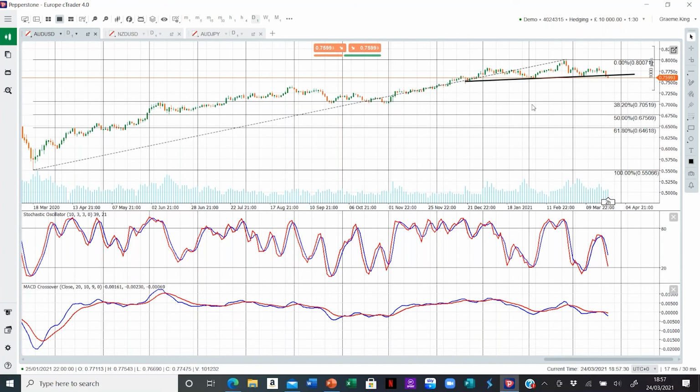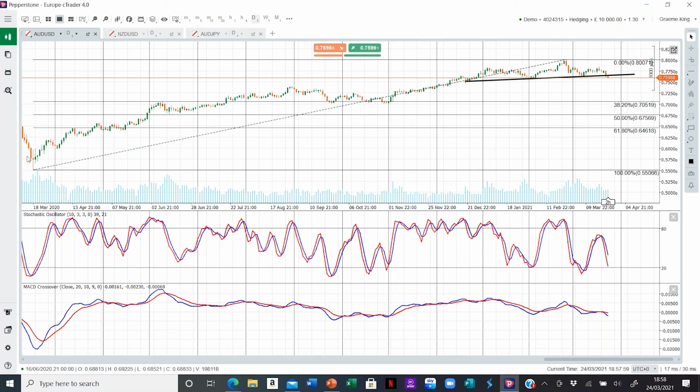Now this is a chart of Aussie versus the US dollar on a daily basis. What this is highlighting is quite an important negative sentiment shift for the Aussie, positive for the US dollar, and that highlights the risk of a more extended retracement of what has been a very strong period of Aussie outperformance since the March 2020 lows.